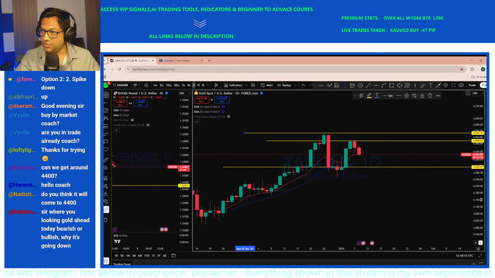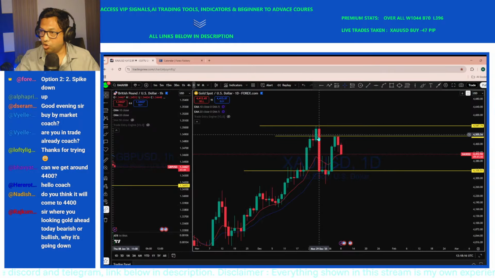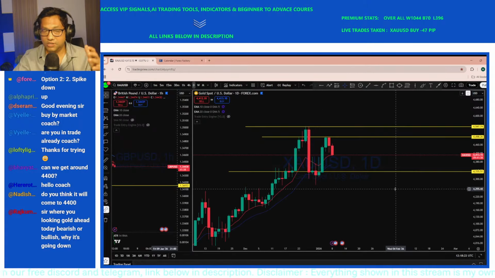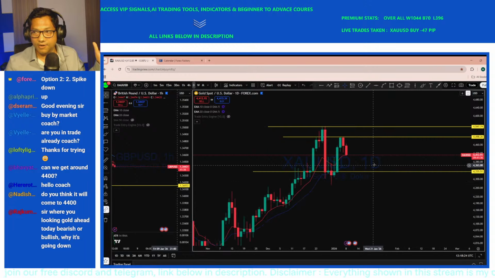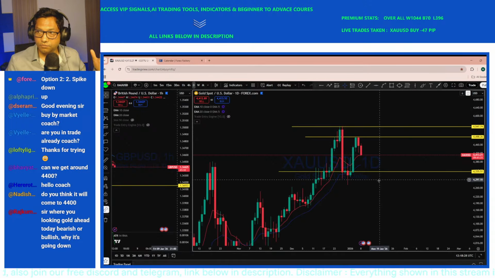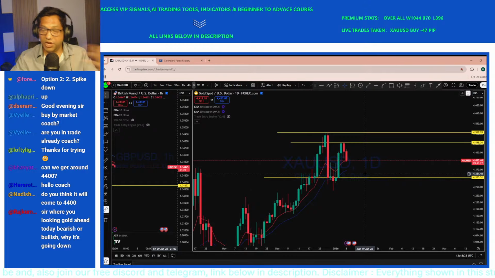And from the daily, there was a drop here and a bounce back. So this move on the daily is potentially a retest of this order block before it eventually breaks out.